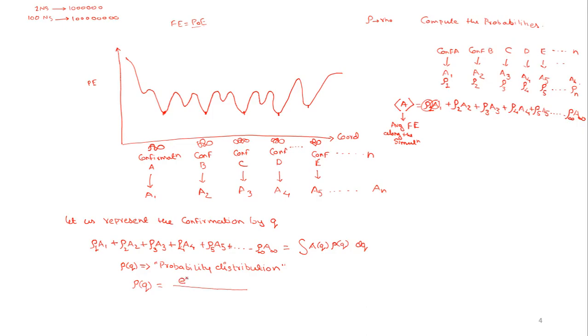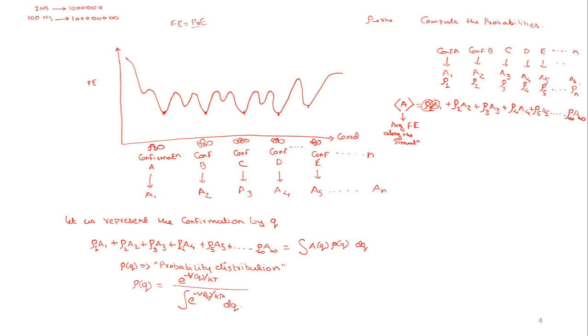It is the exponent of the potential energy, this is capital V, of your conformation divided by kT. And it is to be divided by the integral of the exponent of the energy of conformation by kT, dq.